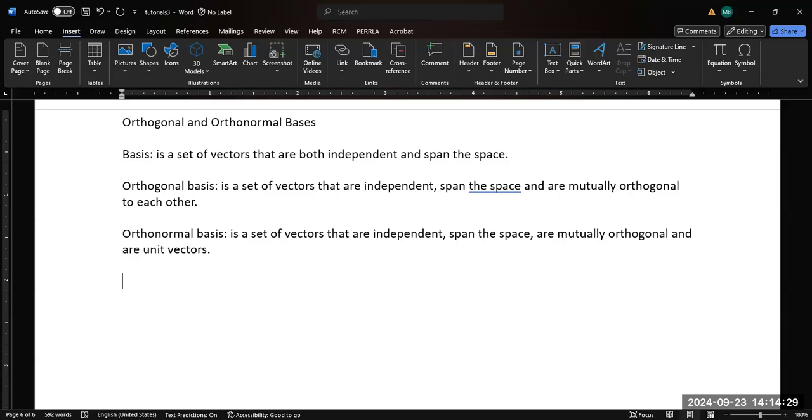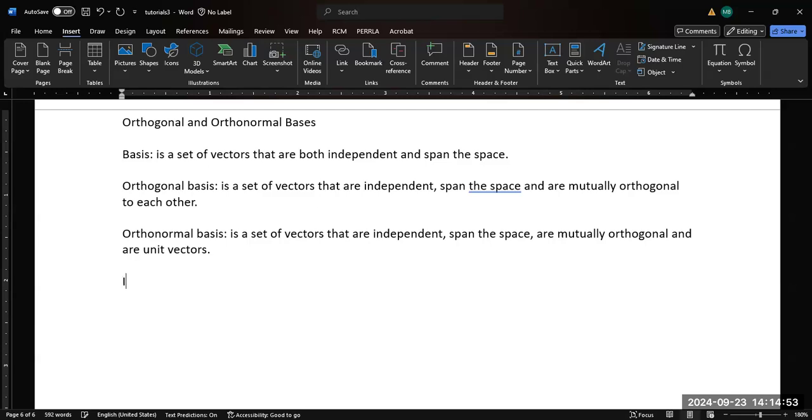If you dot any two different vectors together, you're going to get a 0 dot product. So the standard basis that we usually work in has all of these nice properties. It is not just a basis, but it is a really nice basis. But let's think about a non-standard basis that might have these properties.